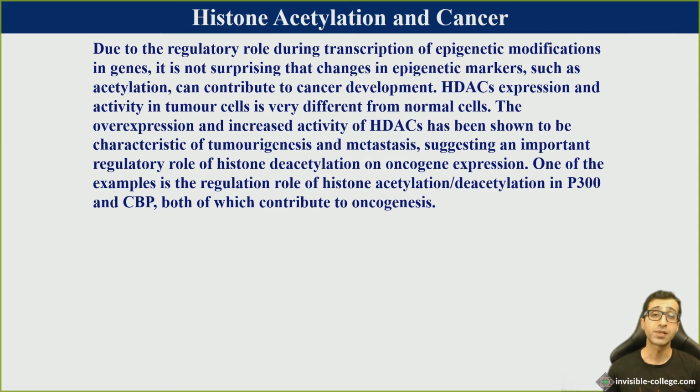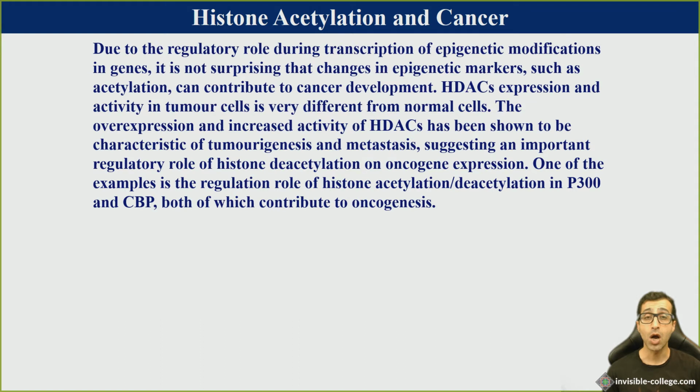One of the examples of this is the regulatory role of histone acetylation and deacetylation in the P300 and CBP genes, both of which contribute to oncogenesis. In 2006, approval was given by the US Food and Drug Administration to vorinostat, and this represents a new category of anti-cancer drugs which are in development.